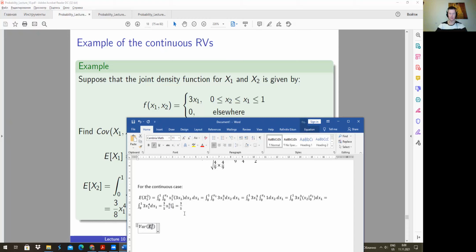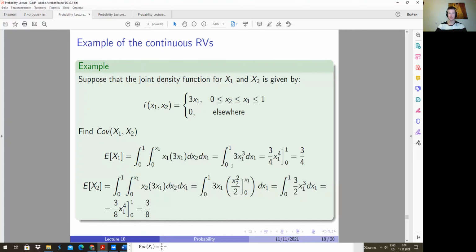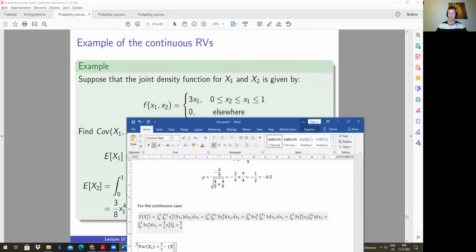Variance of x1 is what? It's 3 over 5 minus the expectation of x1 squared, which is 3 over 4 squared.